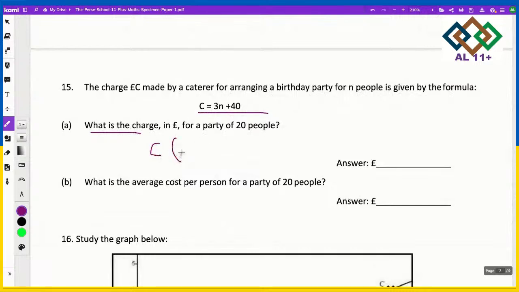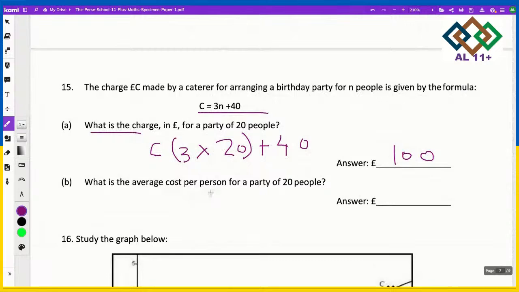So we will just write 20 instead of n: 3 times 20 plus 40. That gives you 100, because 3 multiplied by 20 is 60 and 60 plus 40 gives you 100.